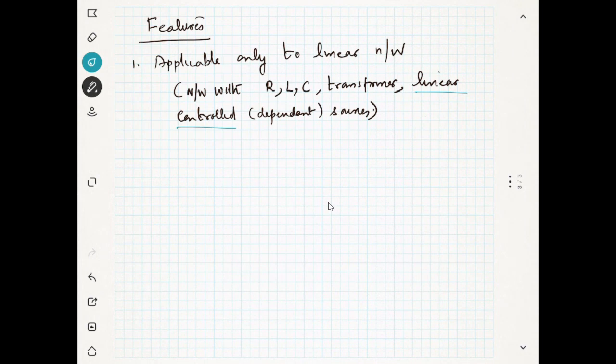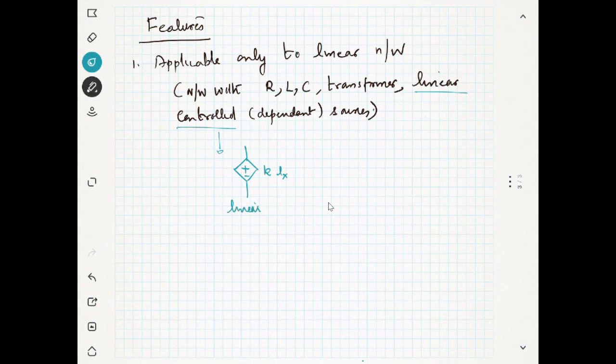What are linear dependent sources? Can you tell me an example? You have a voltage source like some constant times a current Ix in the network, controlled by the current Ix, but this is a linear dependent source.